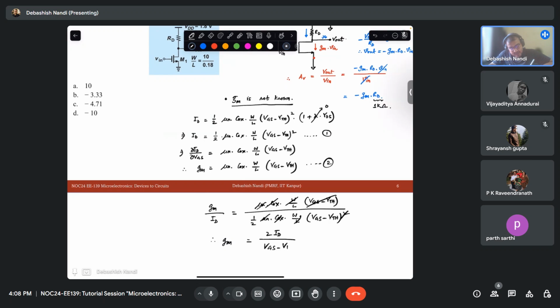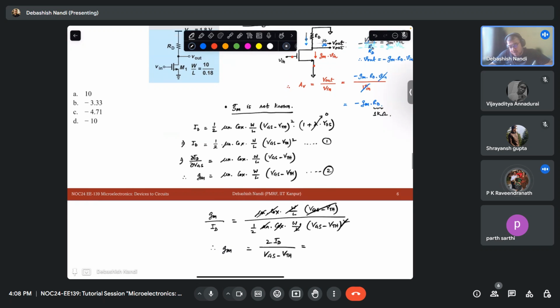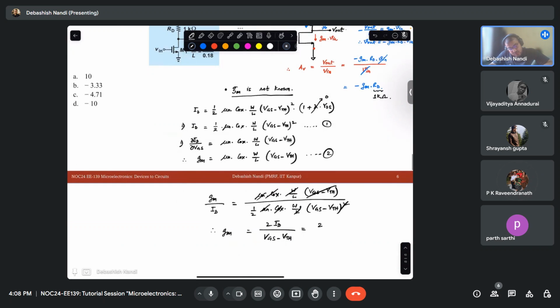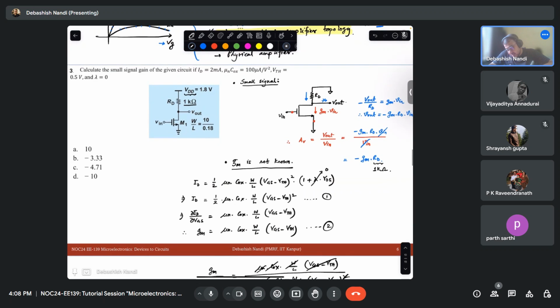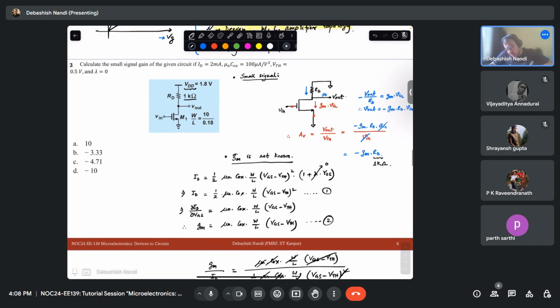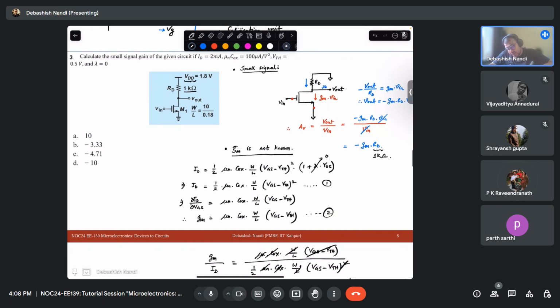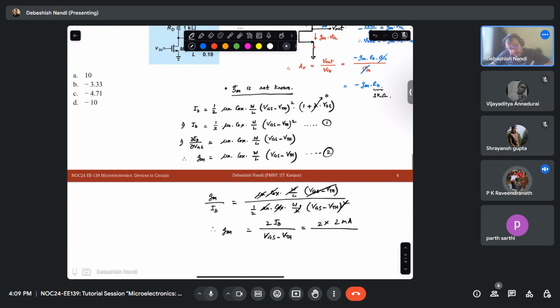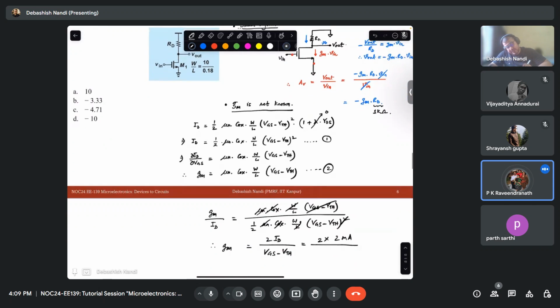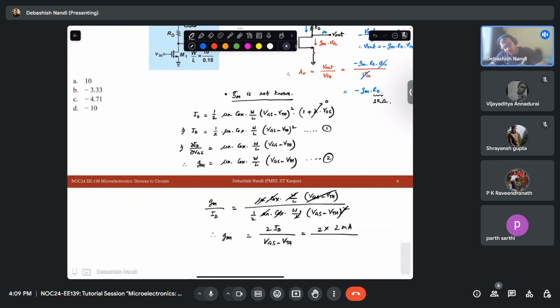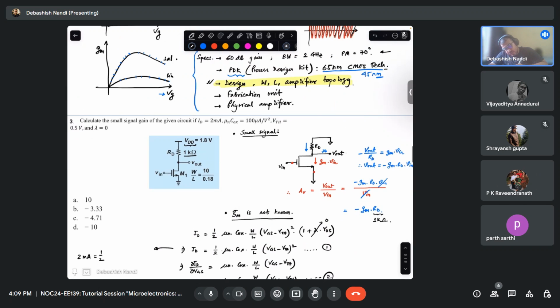So what is your ID? Your 2 times 2 milliampere over your VGS minus VTH. Your VTH is given, VGS minus VTH you need to find out, right? So how can you find out VGS minus VTH? From this equation, ID is equal to 2 milliampere, half your mu n Cox.